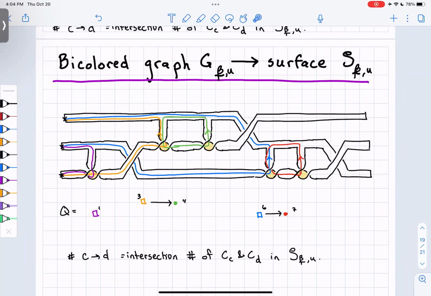If one of my cycles is a square, so I picked this particular drawing of my graph in the plane from the wiring diagram, and one of my cycles just bounds a little square face of that drawing, then mutation there, the new seed will be given by another one of these 3D plabic graphs.